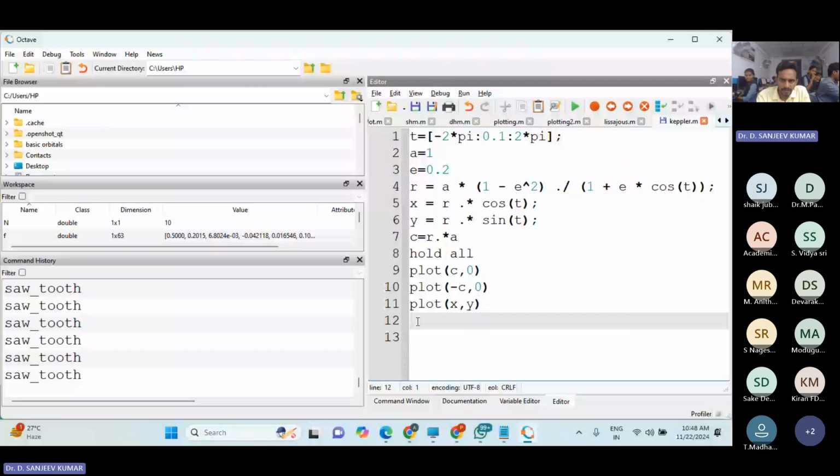Eccentricity, let's say if eccentricity is 0, we should get a circle. So I'm starting with E is equal to 0. And r is equal to A star 1 minus E square by 1 plus E cos theta.